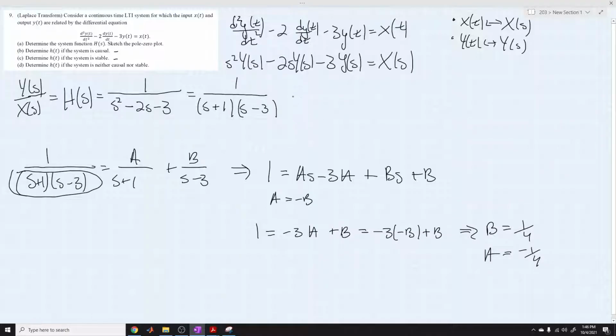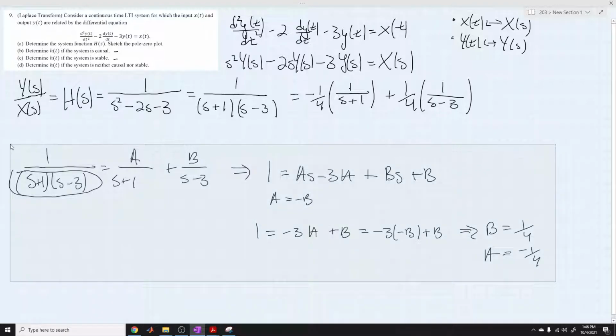And now we can rewrite our system function as minus 1/4 times 1 over s plus 1, plus 1/4 times 1 over s minus 3. And there's our system function, factored and expanded.